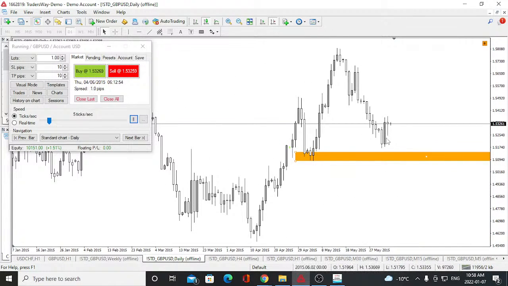So right there, it had a huge bull push, but the previous daily closed bearish.